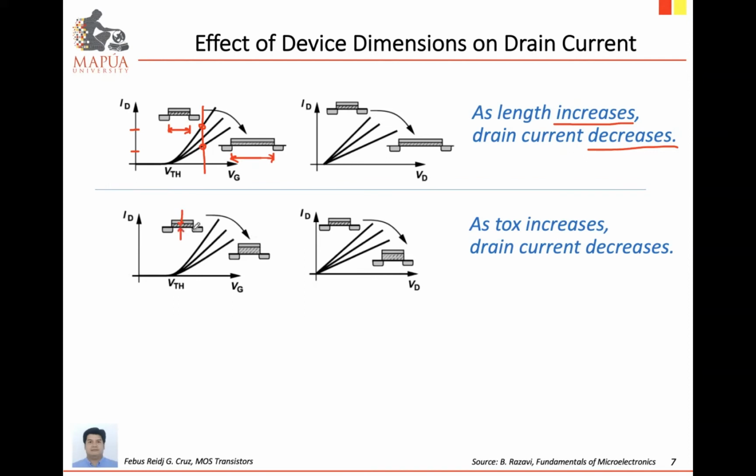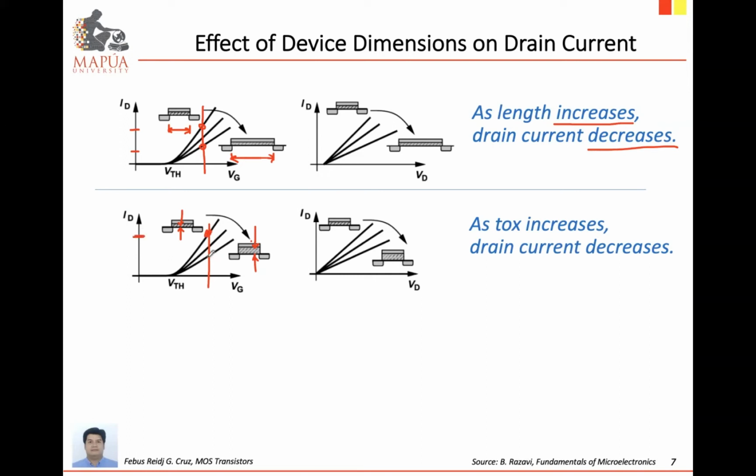So from a smaller oxide thickness to a thicker or larger oxide thickness, again, for a given gate voltage, for a smaller Tox or oxide thickness, this will be the resulting drain current.